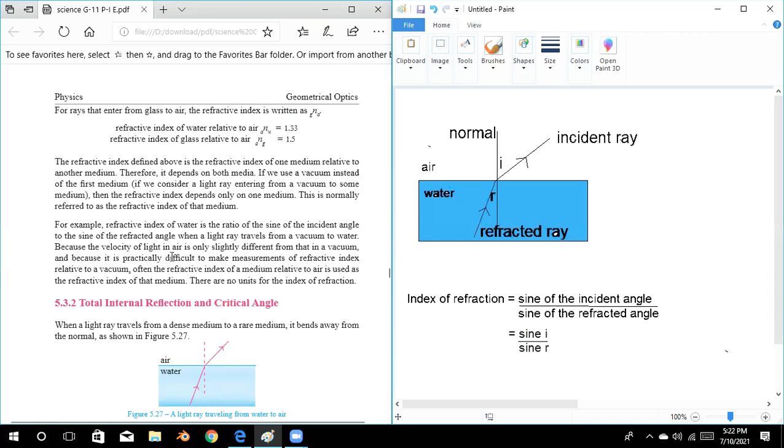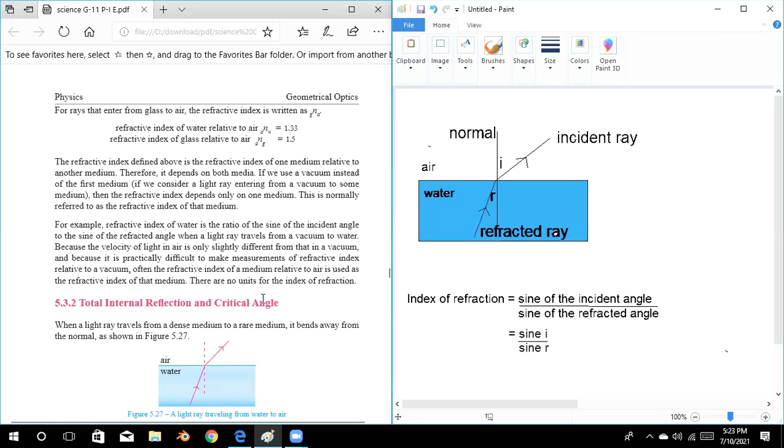Because the velocity of light in air is only slightly different from that in a vacuum, and because it is difficult to measure the refractive index relative to a vacuum, the index of a medium relative to air is used as the refractive index of that medium.